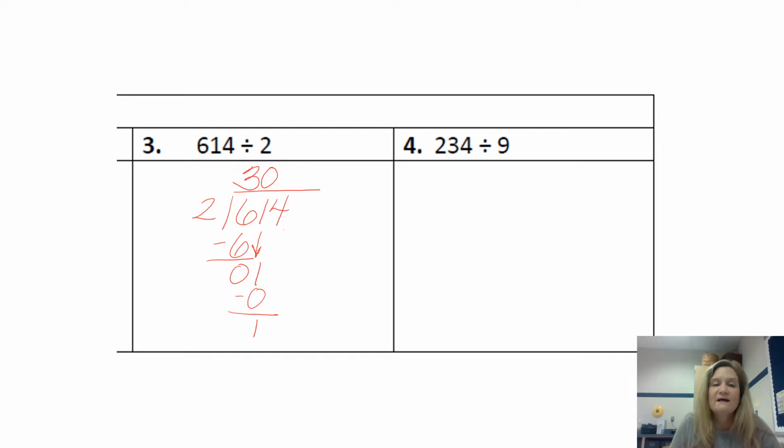I get 1, and I bring down the 4. 2 can divide 14 7 times, which equals 14. I subtract, I get 0. 614 divided by 2 equals 307.